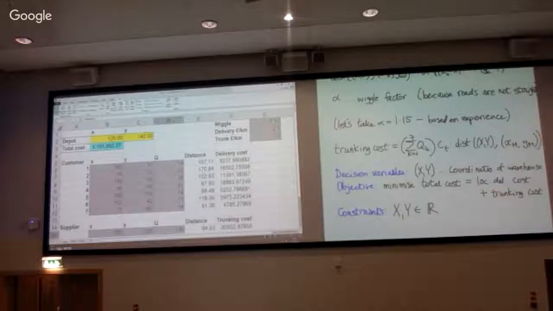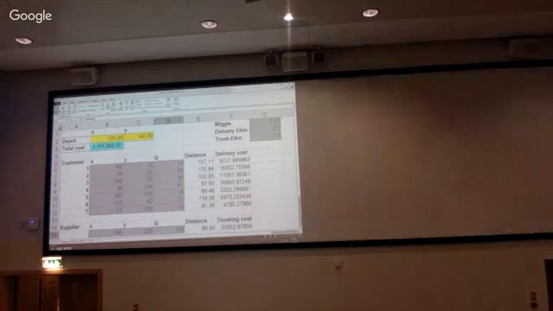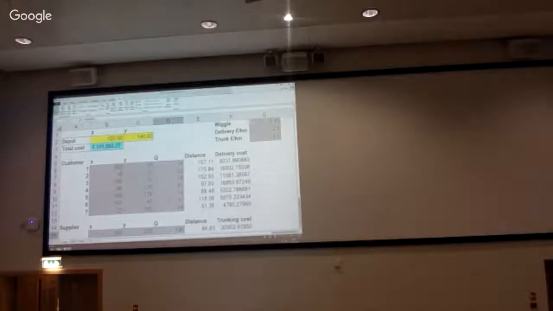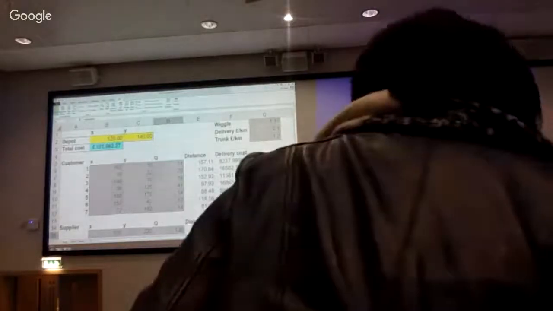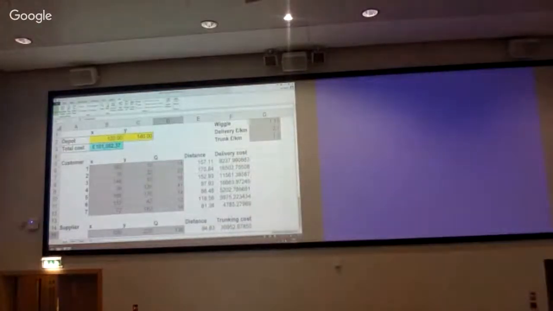Okay, so what are the good principles of spreadsheeting? All the data that we're using should be somewhere in a cell. So you see everything is there. All the coordinates, all the demands, all the delivery costs, all the wiggle factors, they're displayed somewhere. And nothing is hidden in the formula.